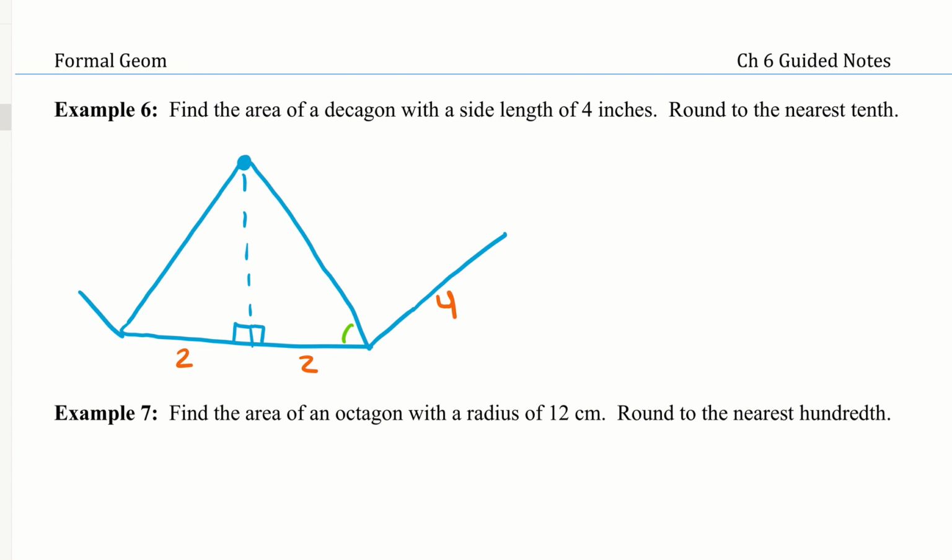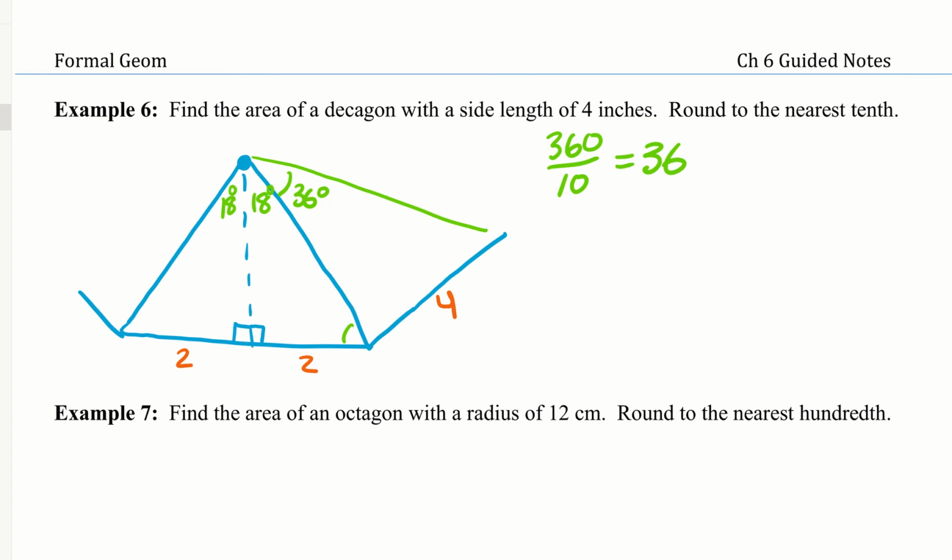So I'm going to take 360 and divide it by my number of sides, which is 10, which means I'm going to have a central angle here of 36 degrees. So this whole angle is 36 degrees, which means each one of these little angles is going to be 18 degrees.